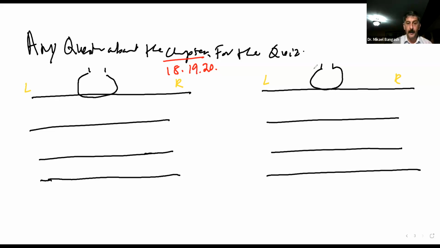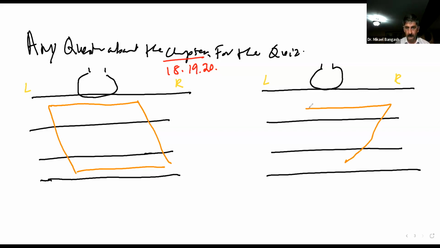Now what we can do is steer the angle of your beam like this, or we can steer the angle of the beam like this. Clear?